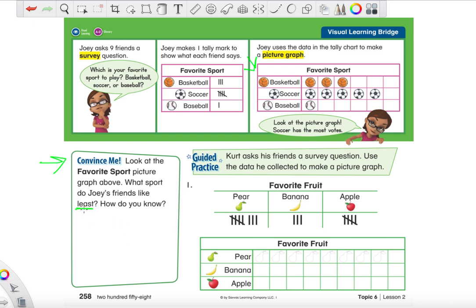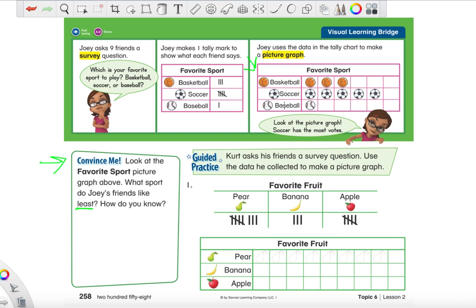Okay, so the least means smallest. So we gotta look up here and see, and think to ourselves, which sport has the smallest number of pictures? Is it basketball, soccer, or baseball?